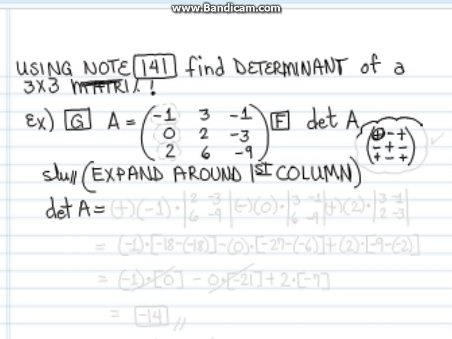So using this sign assignment, the first number we're going to expand about is the number -1. That position comes with a positive sign, plus a positive. Now put the number -1 times the little mini determinant, which they call a cofactor in the book, acquired by crossing out the column and the row that -1 lives in.